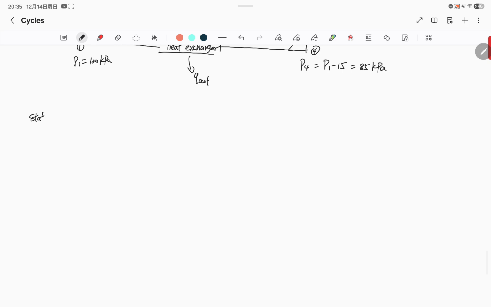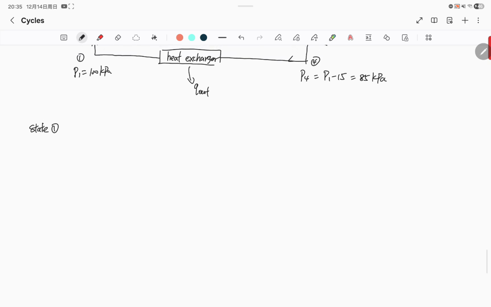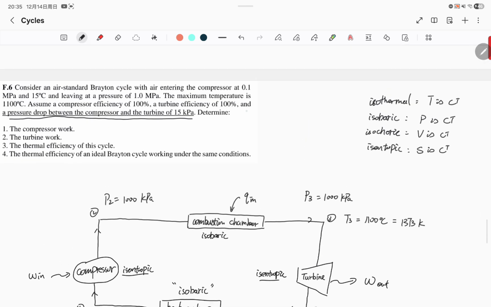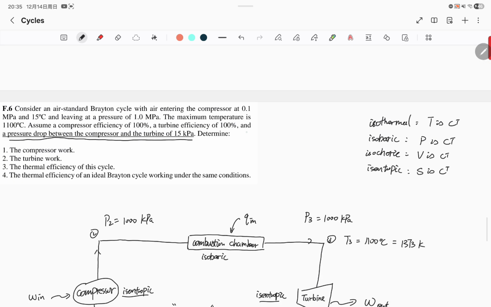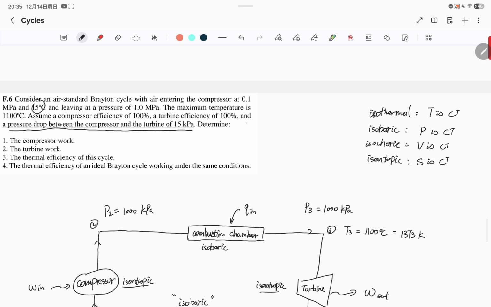State 1. What do we have? We have pressure 1, which is just around atmospheric pressure. T1. Do we have T1? Oh, yes, we do. It says 15 degrees.